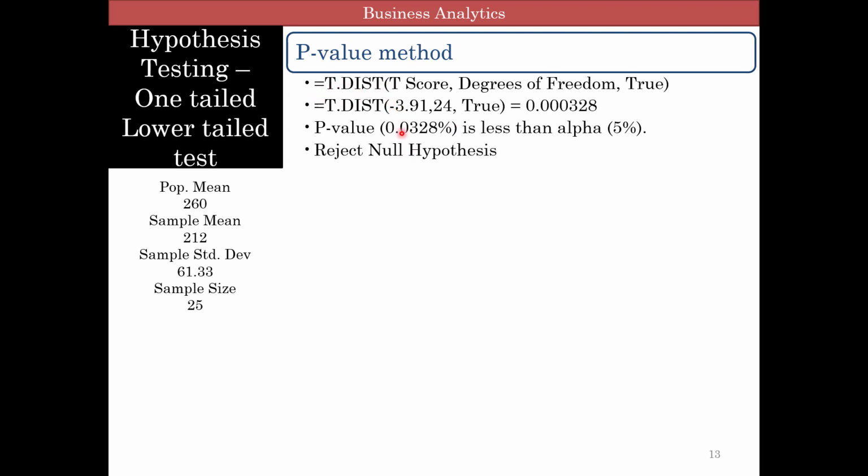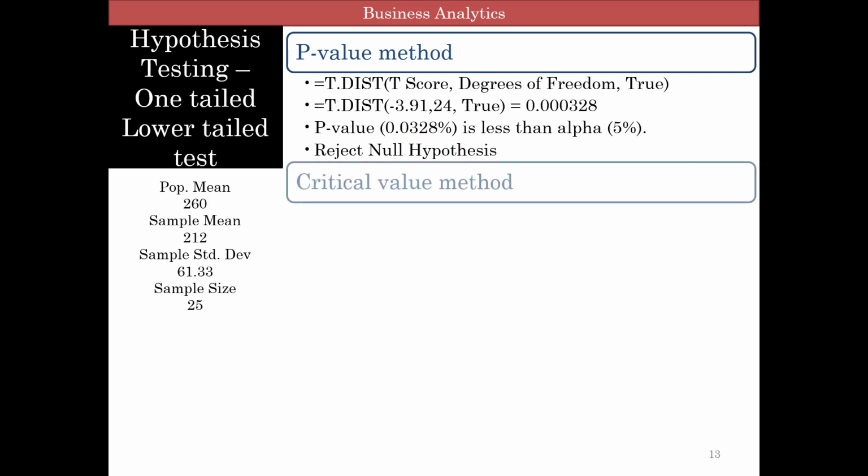RT gives the right hand side. We're just going to use t.dist, plug in the values. Here, you plug in the t-score, degrees of freedom 24, and true. T.dist gives you the left hand side. This comes to 0.0328%, which is less than 5%. Therefore, you reject the null hypothesis.